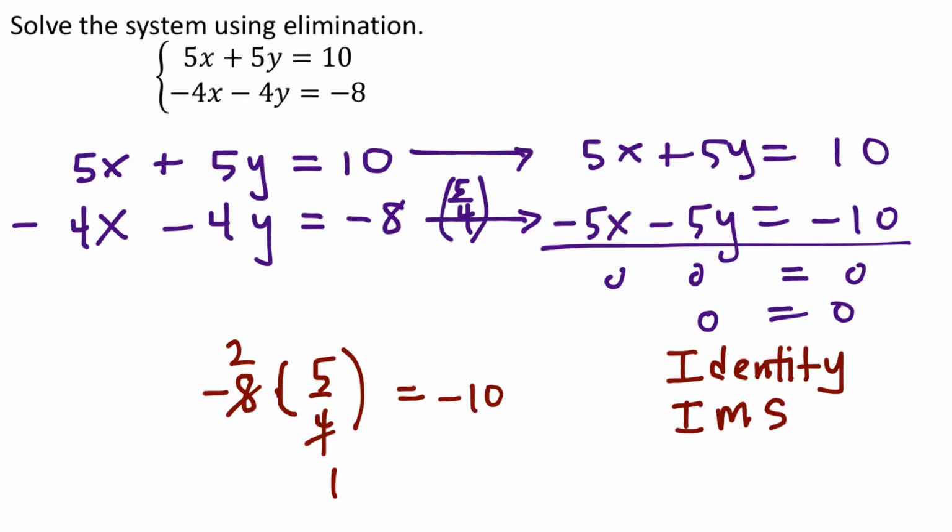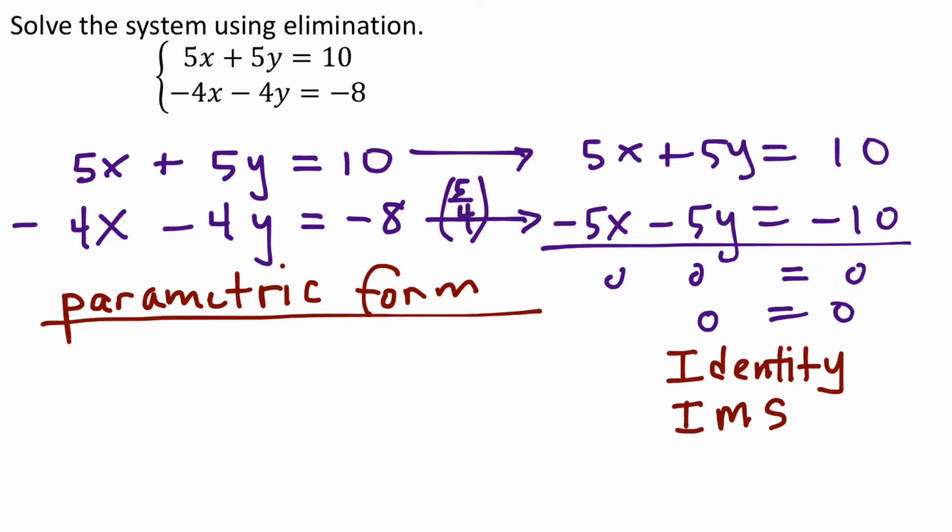But we're not going to stop right there. When you have infinitely many solutions, many times you report your point in terms of one variable. We call it a parametric solution. Parametric form means if you just pick any x, we want to figure out how to write an expression for the y in terms of x.